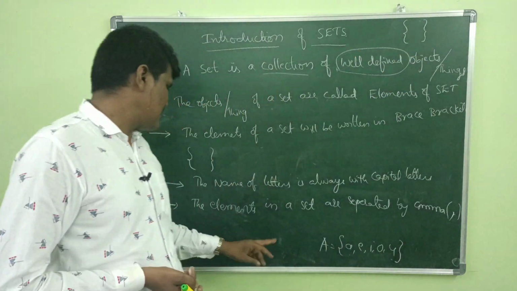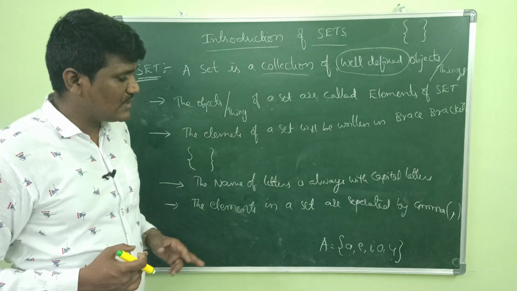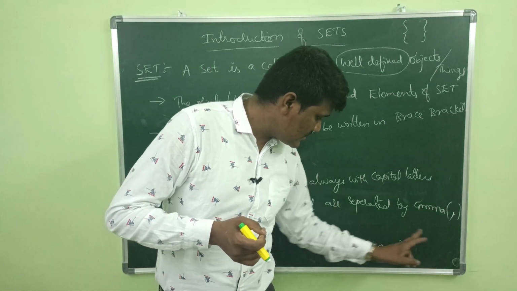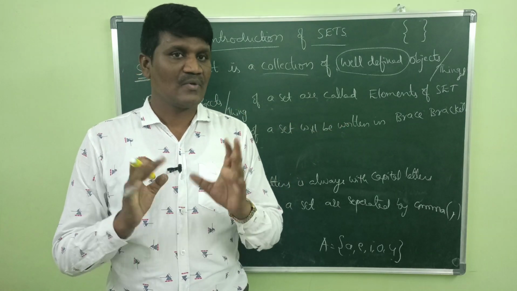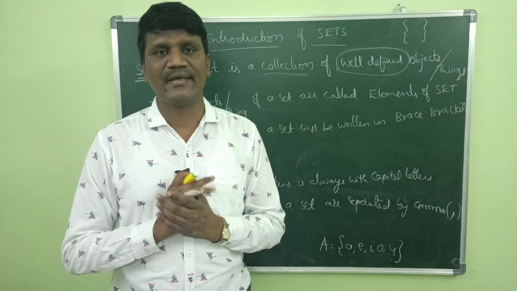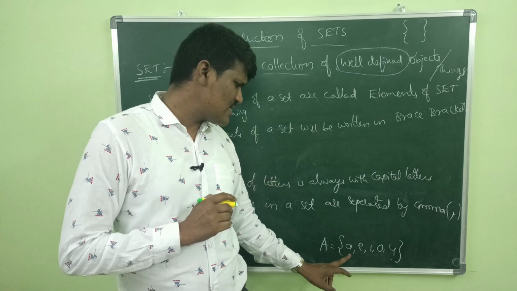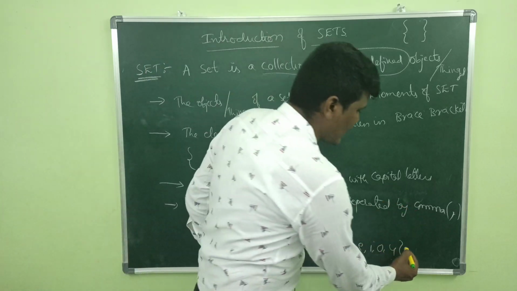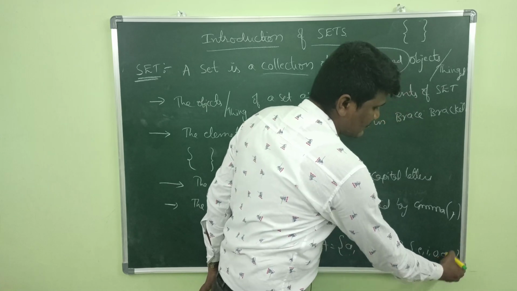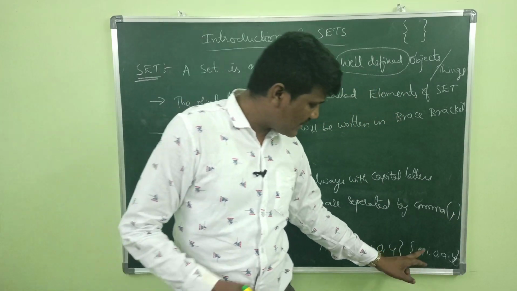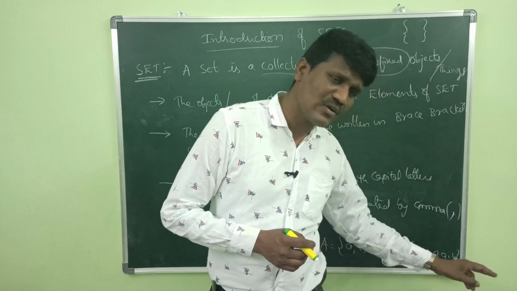Okay, so this is the next point. And one more thing, whether the order is important: order is immaterial. The order of the elements is immaterial. That means instead of writing A, E, I, O, U, I can write E, I, O, A, U like this. Have all the English vowels come?